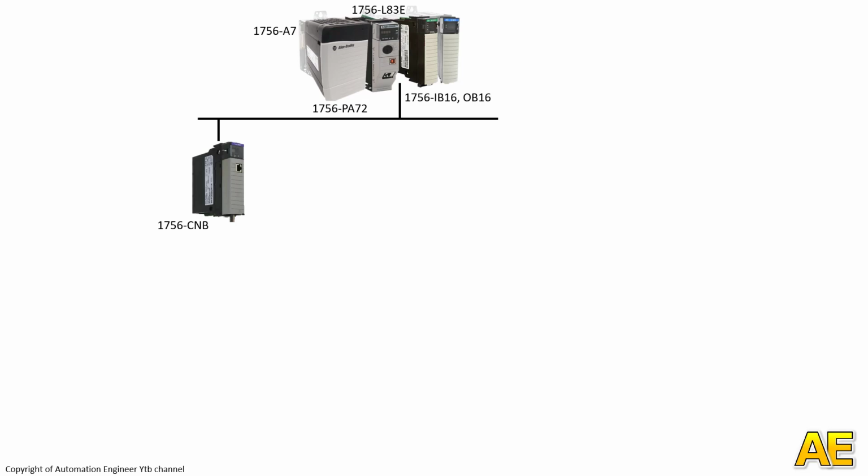This module is installed in the same chassis with the PLC CPU, and in the control cabinet on site we have a ControlNet adapter module 1794-ACN15. To connect these two modules we use the ControlNet cable, and from the ControlNet adapter module we connect the I/O modules in the same rack.